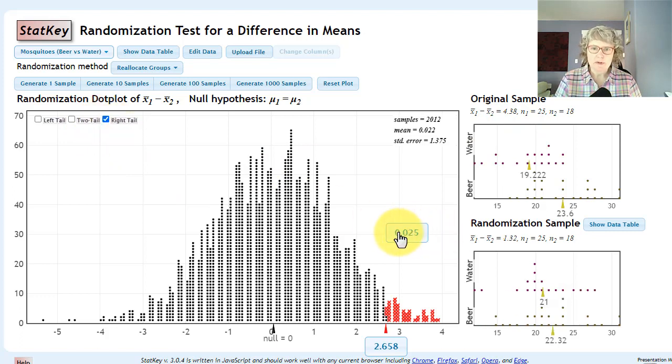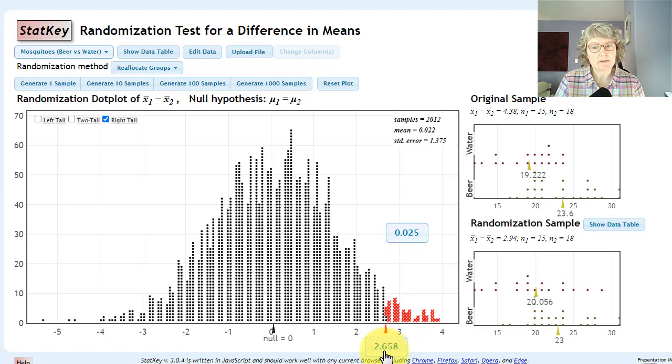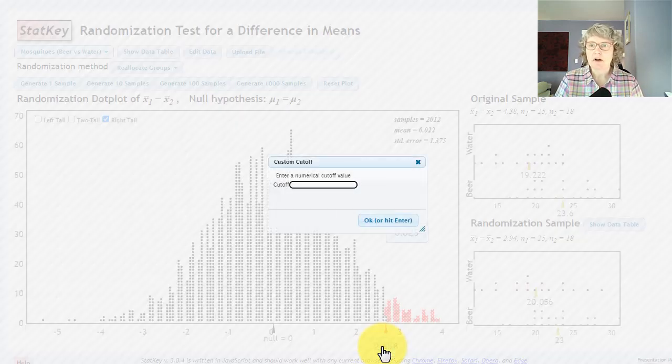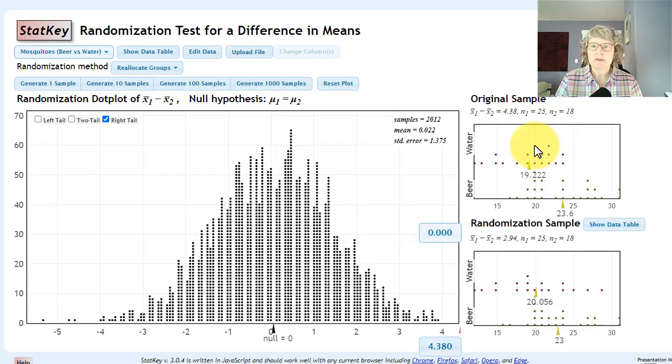Remember, this always comes up with 0.025 to start with. That's not necessarily our p-value. We need to go in. We can see that does correspond with 2.658 mosquitoes. But we need to put in our original sample statistic, which is 4.38. That's what the computer's saying: 4.38 mosquitoes, and it's way over here.